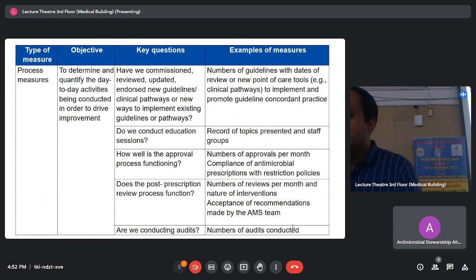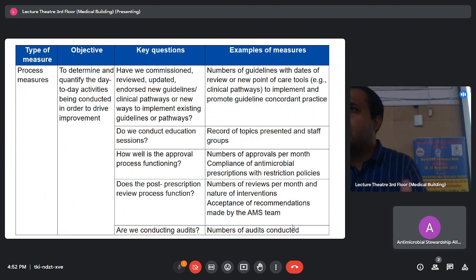Then we have the assessment for the process. What all interventions we are putting up, the day-to-day activities, all those things will be the process measures. There is a long list for these. As sir has mentioned, this is not only for the antimicrobial; this is applicable throughout our life. With regard to antimicrobial stewardship, again, it is a long list.